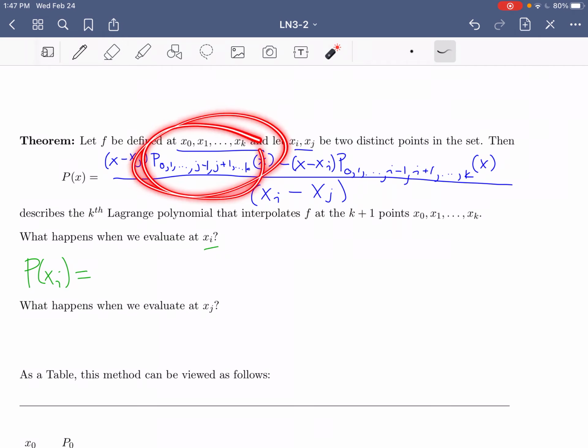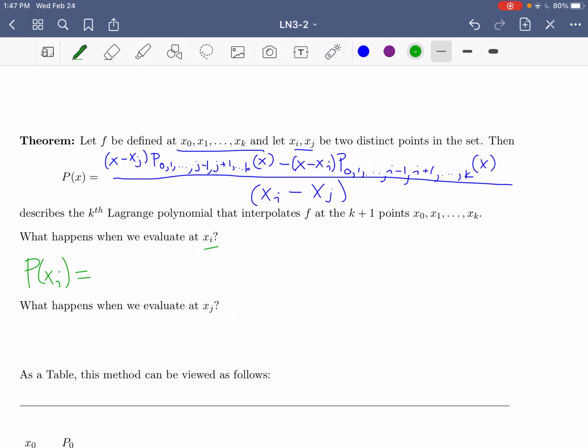So that is ultimately equal to p 0, 1, up through j minus 1, j plus 1, up through k. But since that is a Lagrange polynomial, it should agree with the function at x sub i. So this should be equal to f of x sub i.